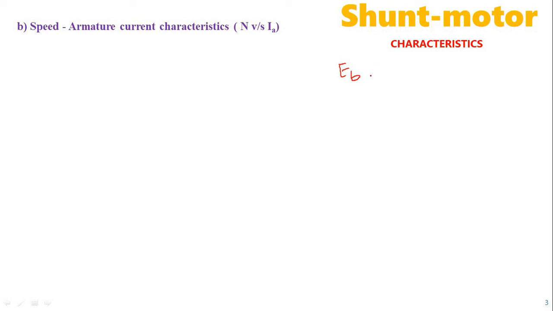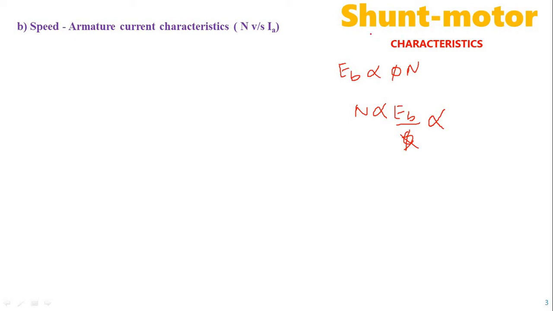By keeping other terms constant, Eb is directly proportional to flux and speed. So speed is directly proportional to back EMF and inversely proportional to flux. But in case of shunt DC motor, flux is constant, so you can neglect flux. So speed is directly proportional to back EMF.